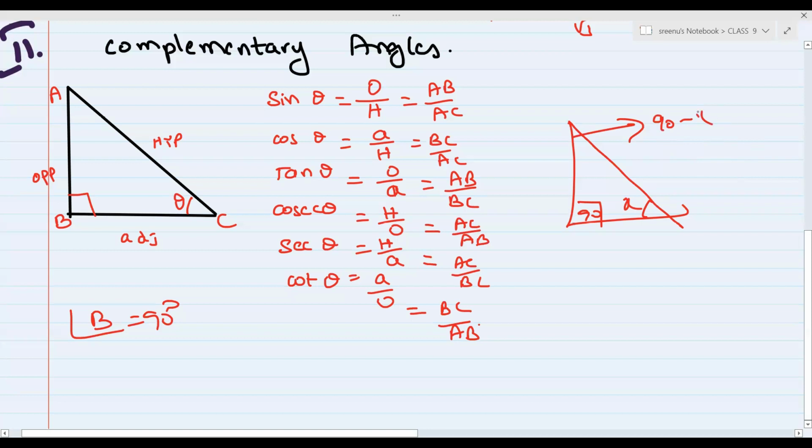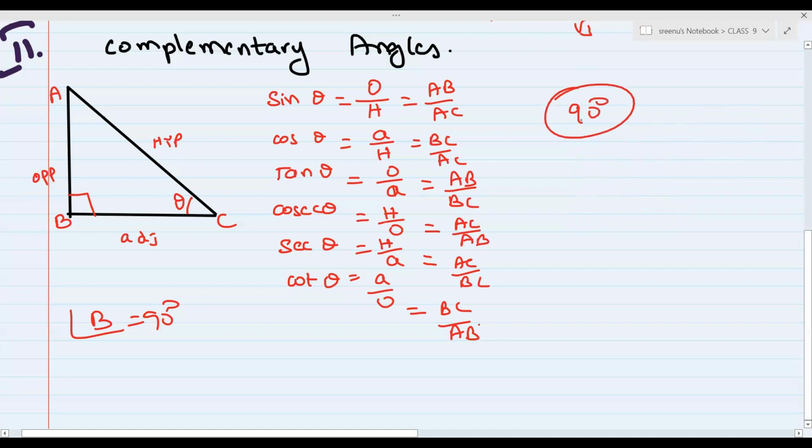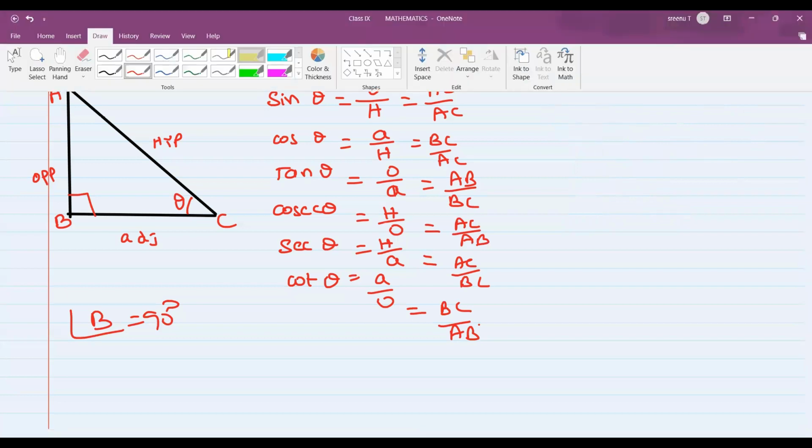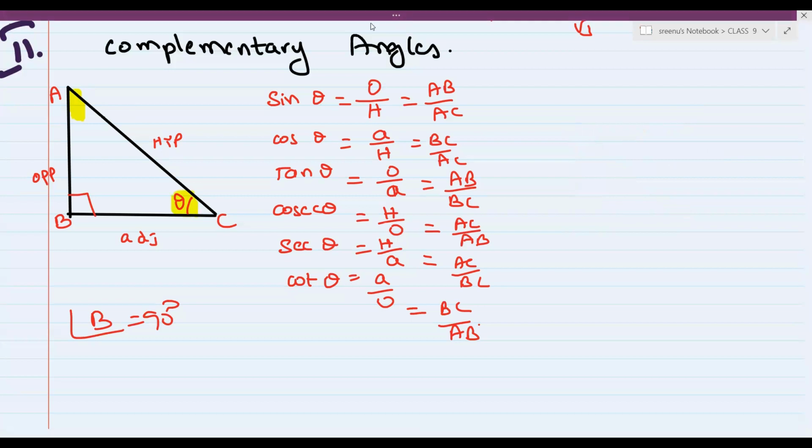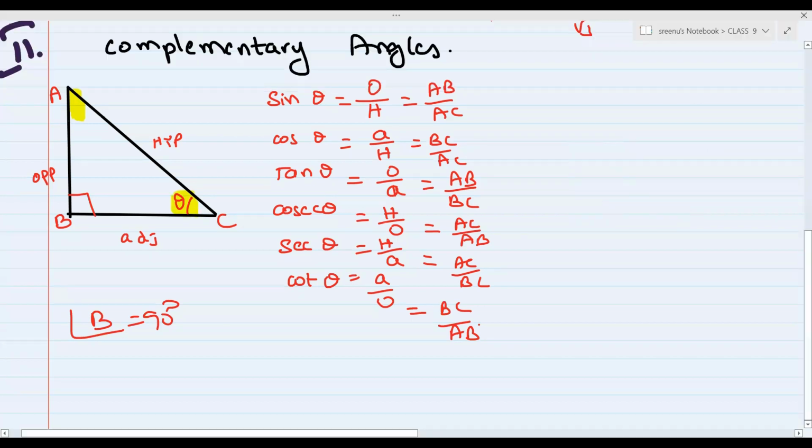Suppose it is theta, what will you write here? 90 minus theta. Complementary means the sum of angles is 90. For angle C, the complementary angle is A, because their total is 90 degrees. So I will write here 90 minus theta.